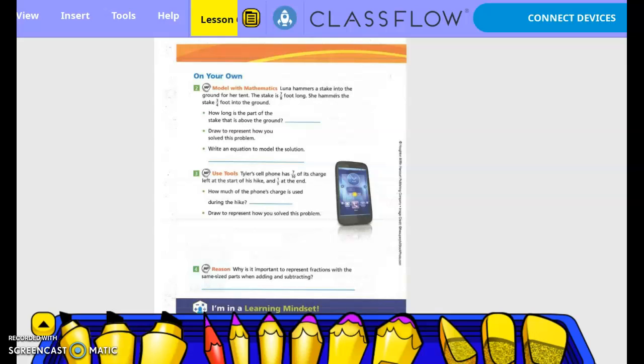Okay, so first of all, what would our pieces be? We need our whole, right? But are we filling up that whole? No, we're only doing 7 pieces of it, right? So we can go ahead and draw a whole and then break it into 8 pieces.